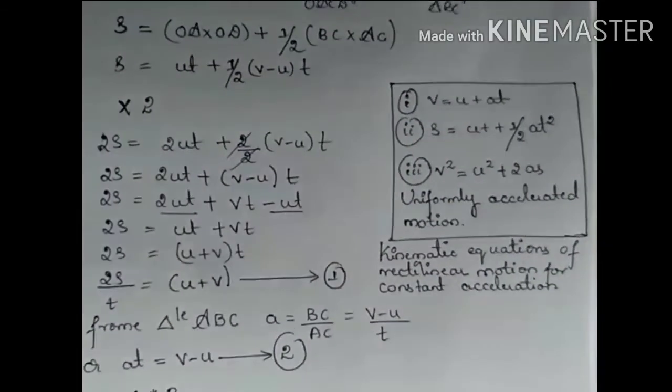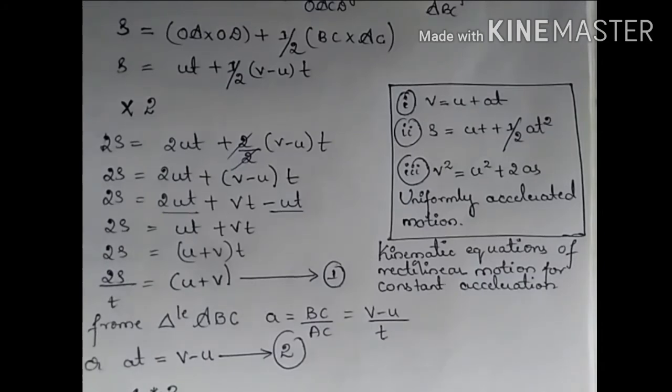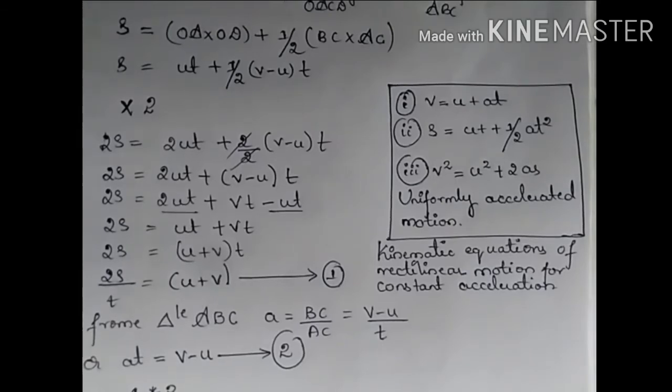So here we took the initial position, that is x is equal to 0 at time t is equal to 0. Now let us see what will happen if at time t is equal to 0, x is not equal to 0.